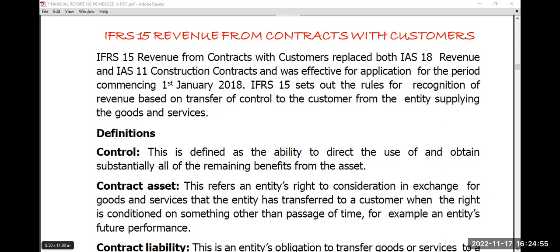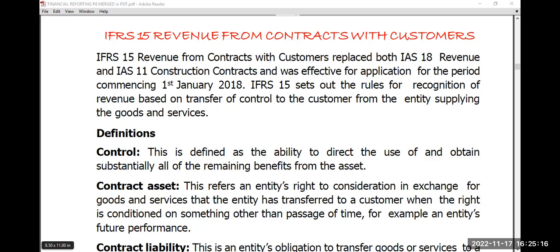We are going to see those conditions as we progress. For now, let's get some of the terminologies that are going to be used within the standard.